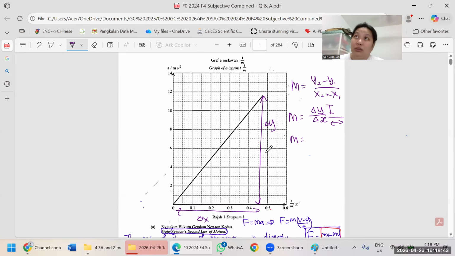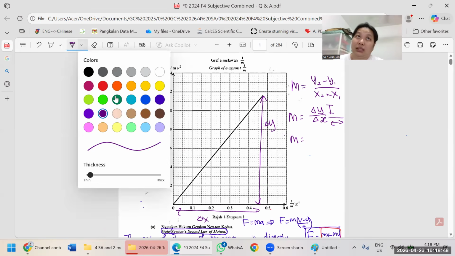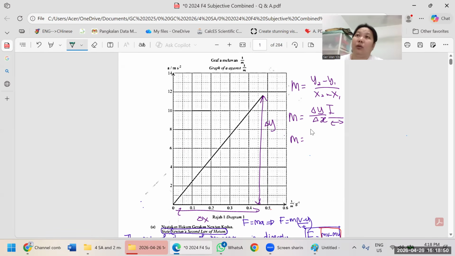Normally we substitute the numbers. Now we substitute the units. Okay, we have two ways. Number one, we substitute the physical quantities: this is a divided by 1 over m.